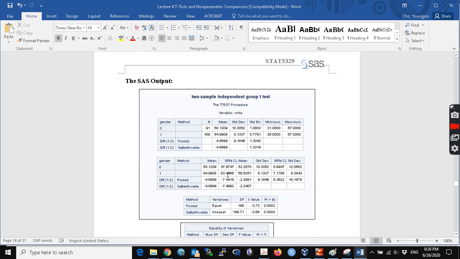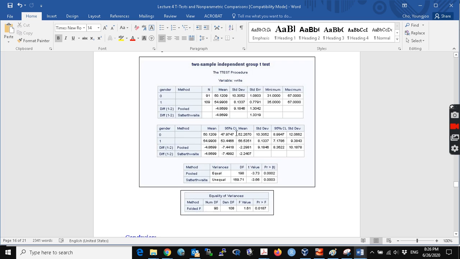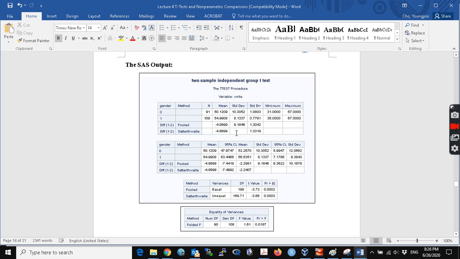And then you can see this result. If you look at this result, there are 4 parts. The first part is the summary statistics. It has the mean, standard deviation, and standard error for each gender, and the minimum and maximum. And then pooled means that we treat the population variances as equal.